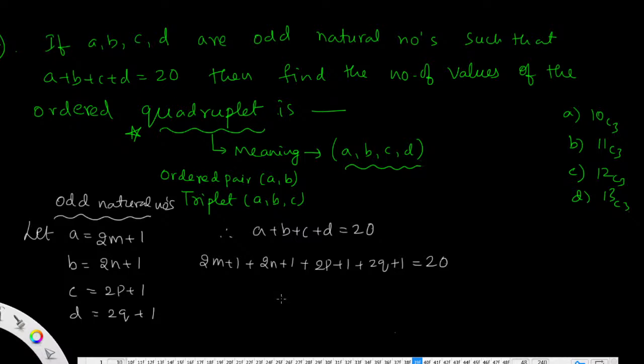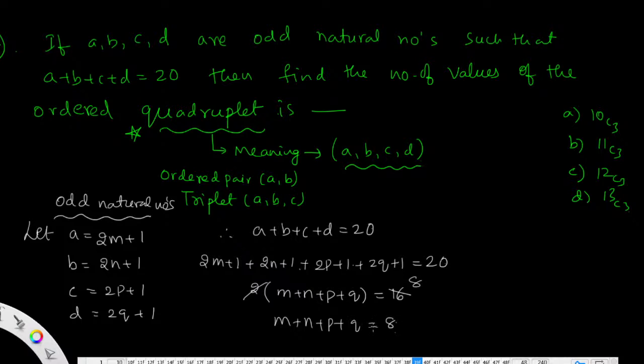From this, 2 is common: m plus n plus p plus q equal to 20 minus 4, that is 16. Cancelling, m plus n plus p plus q equal to 8.